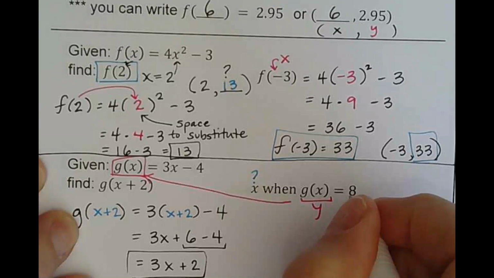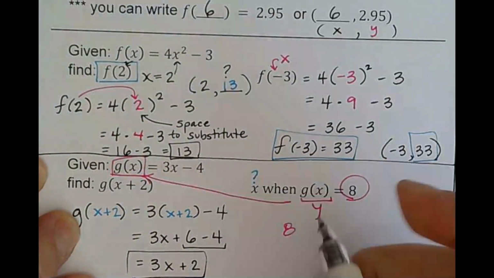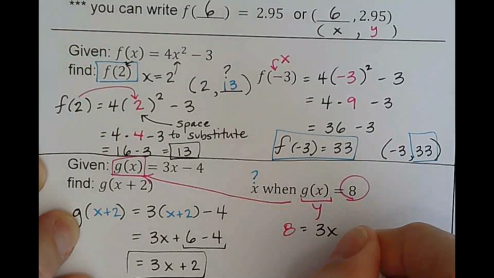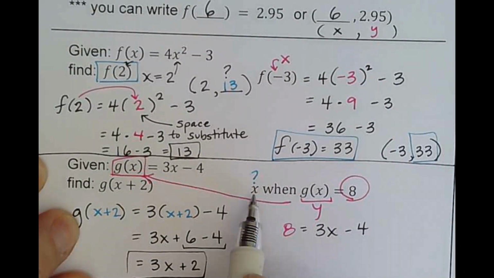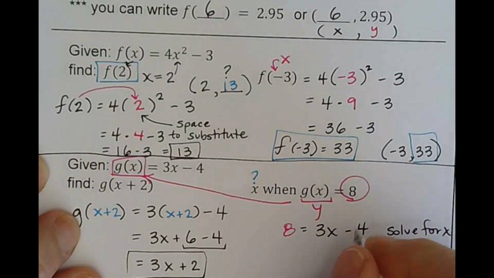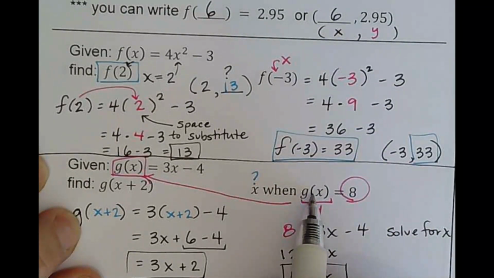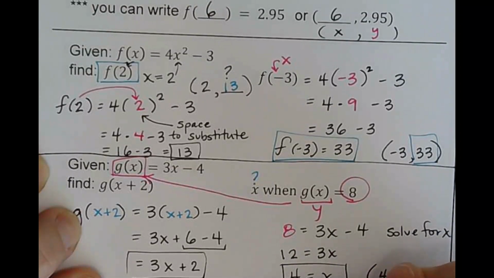So if g of x is 8, then I write 8 equals 3x minus 4. And I solve for x. So I add 4. And I divide by 3, and I find that x is equal to 4 when g of x is 8. And you can graph and check.